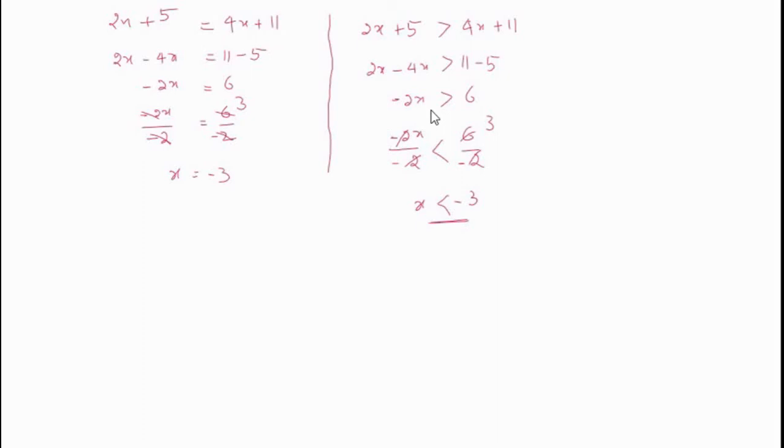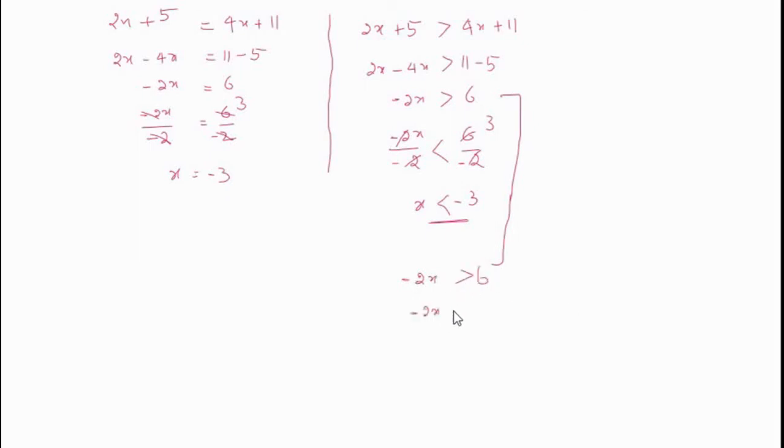Now this can be achieved by, instead of dividing by minus 2, multiplying also by a negative number. So let us take this one again here. So minus 2x greater than 6. Now both the sides you multiply by minus 1.